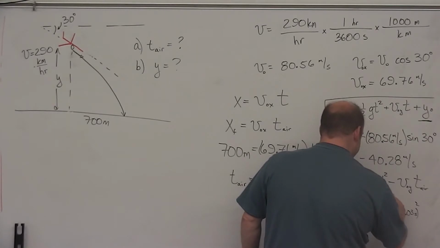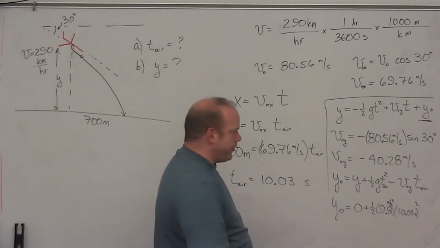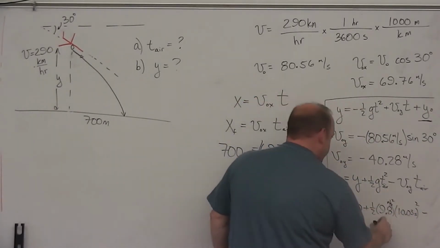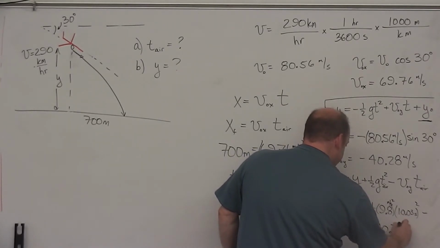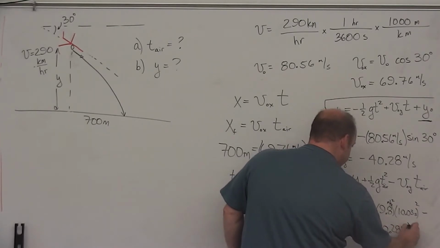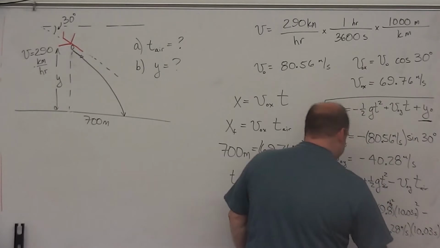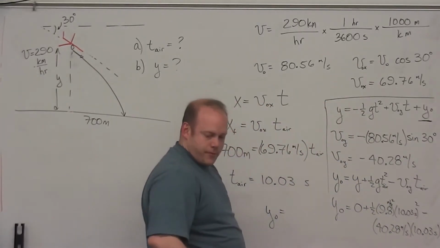That's meters per second squared. Start worrying about your units. Minus v0y, which is the 40.28 meters per second, times 10.03 seconds.